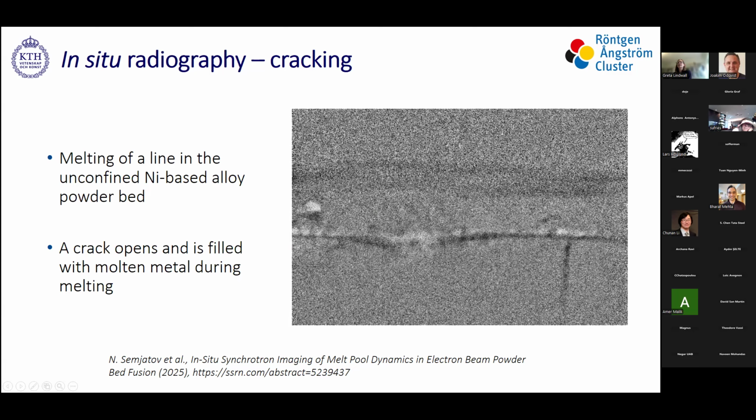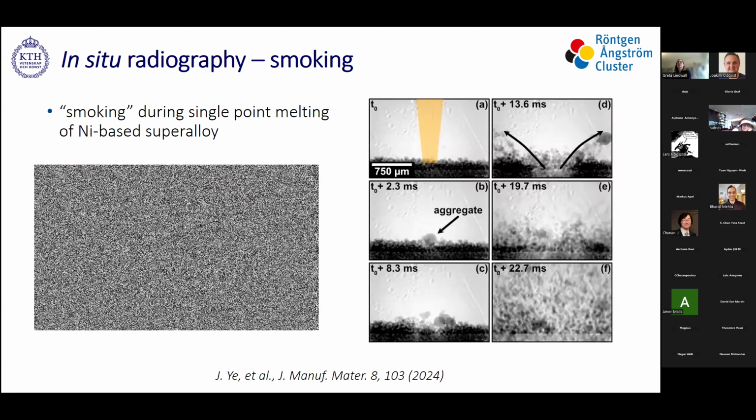And the last example I have of the imaging is this smoking effect, which can happen during electron beam powder bed fusion, a process instability. You don't want that to happen, and you can see the still images here. We have the electron beam melting a single point in a powder bed, again in a nickel-based superalloy. In the first image, the electron beam is turned on at the surface.